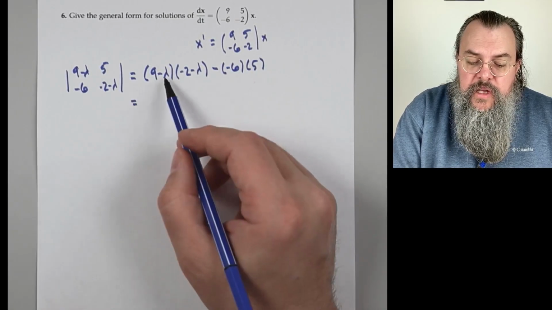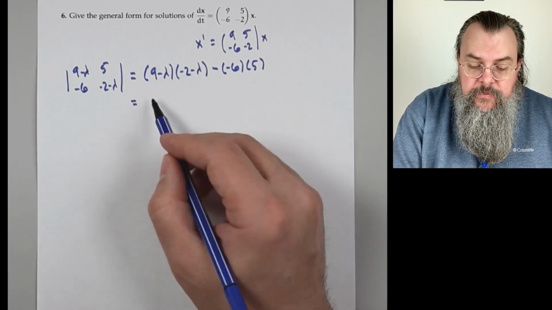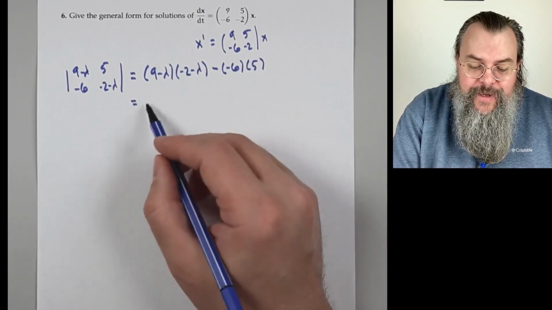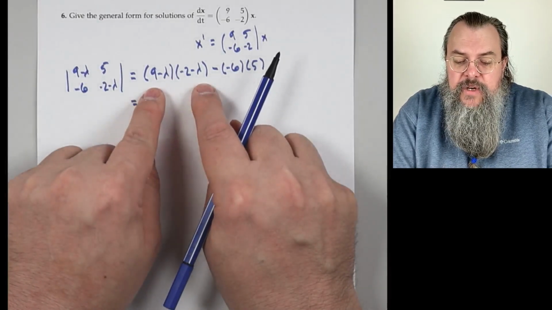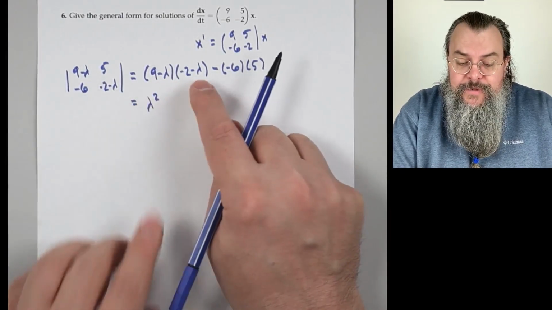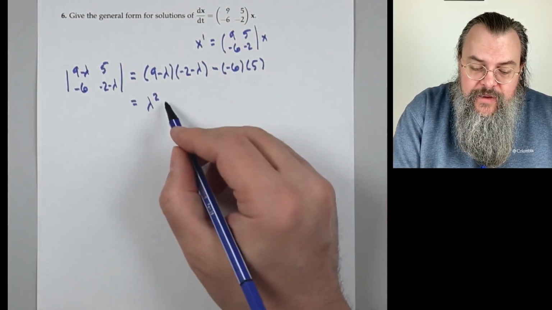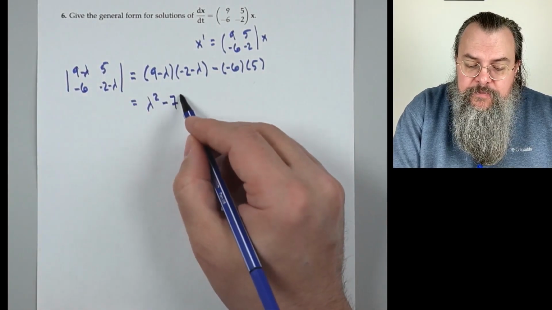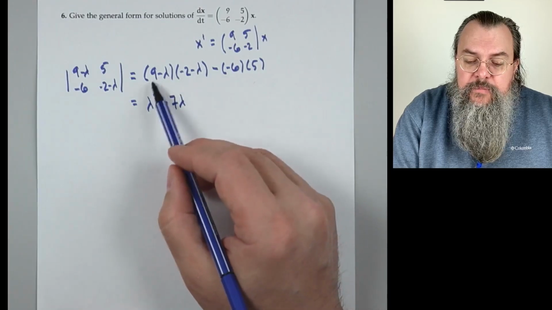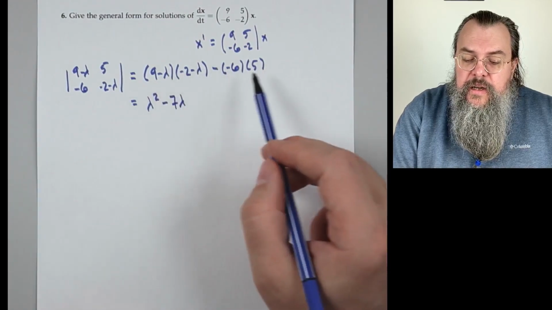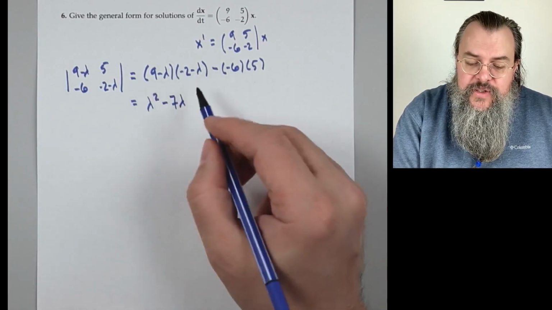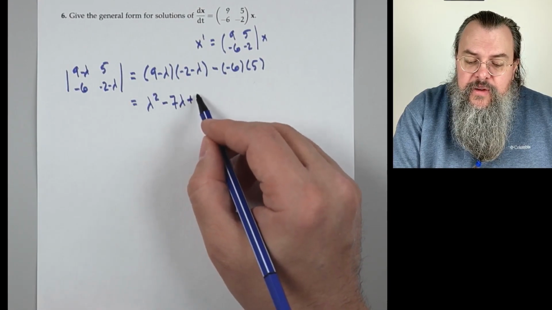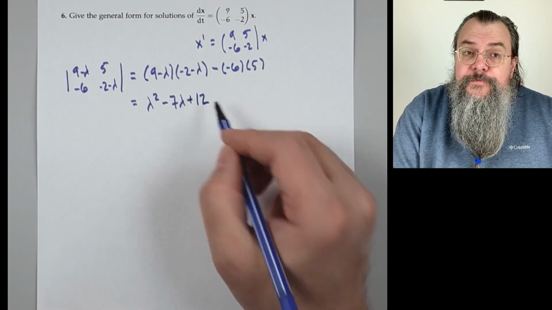So that would be lambda squared, minus lambda times minus lambda, and then we'll have minus 9 lambda plus 2 lambda. Minus 9 plus 2 makes minus 7. Then we have minus 18, but here we'll have plus 30. Minus 18 plus 30 makes plus 12.